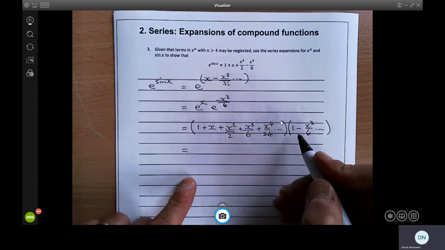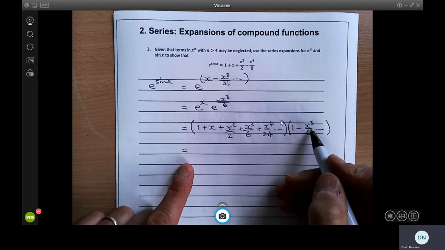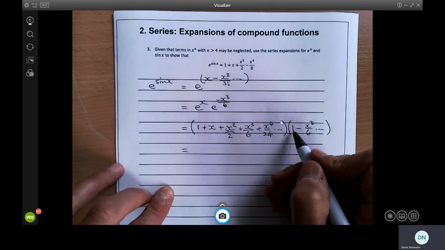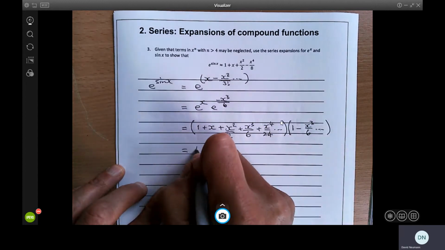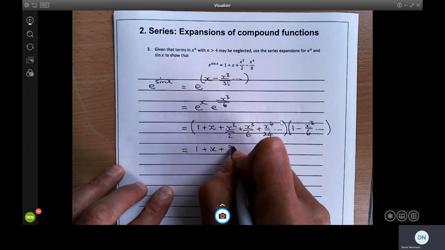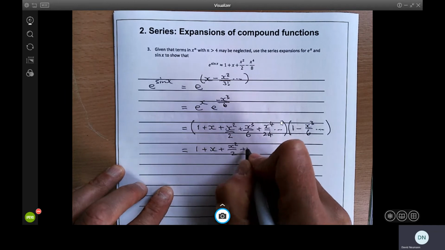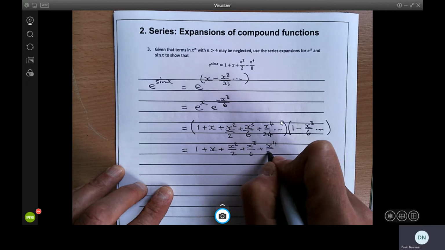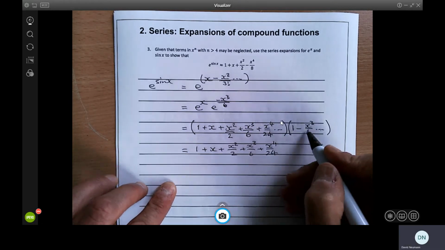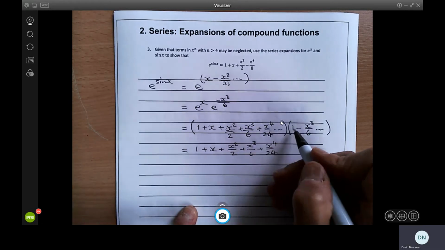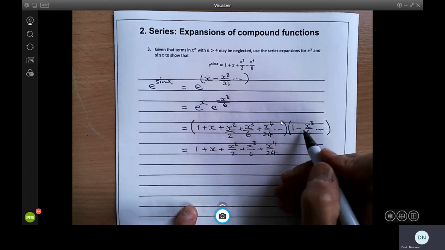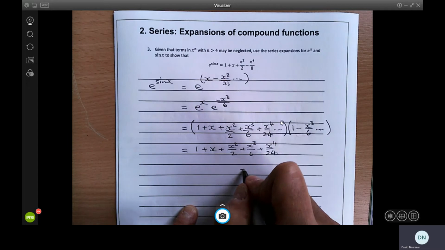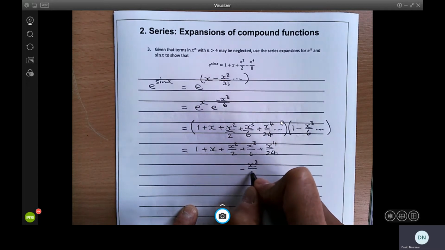And now all we need to do is multiply out these brackets. We've only got 2 terms here, so this is not too hard to do. So this 1 times all of this is 1 plus x squared over 2 plus x cubed over 6 plus x to the power of 4 over 24. And then we've got to do this times all of this. Well, let's start here. 1 times minus x cubed over 6 is minus x cubed over 6.